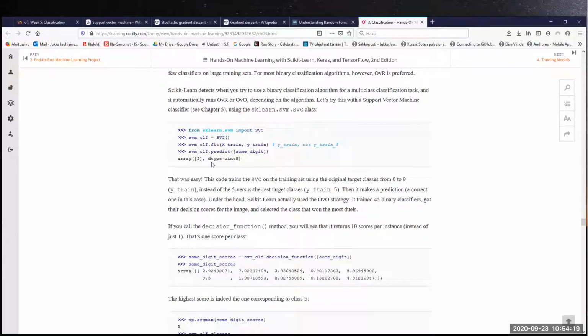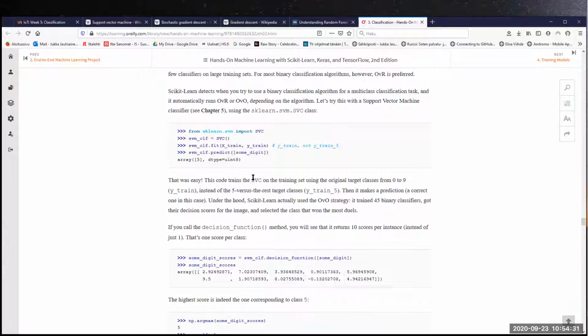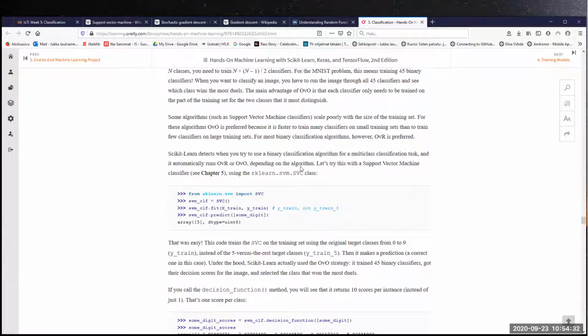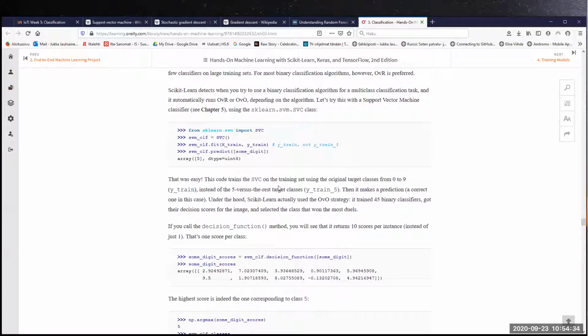So with a few lines of code, it trains this support vector machine classifier on the training set from 0 to 9.